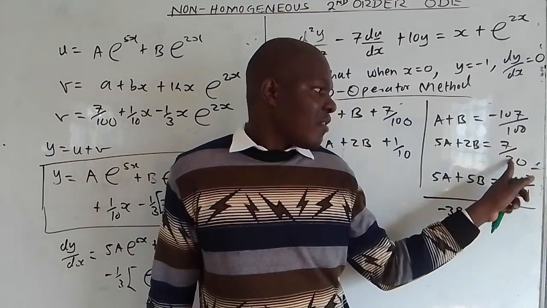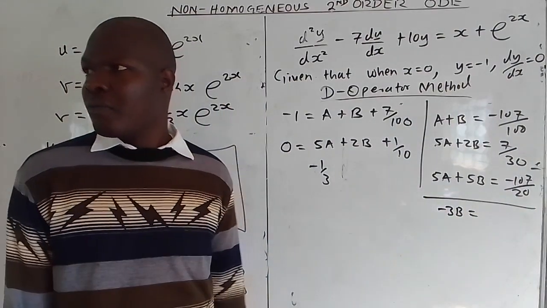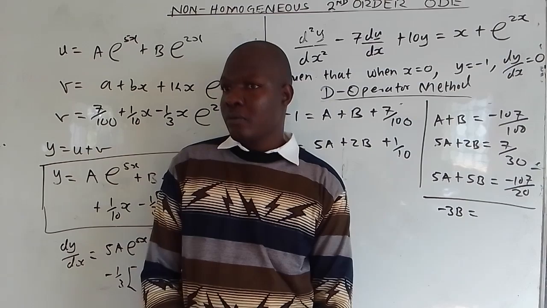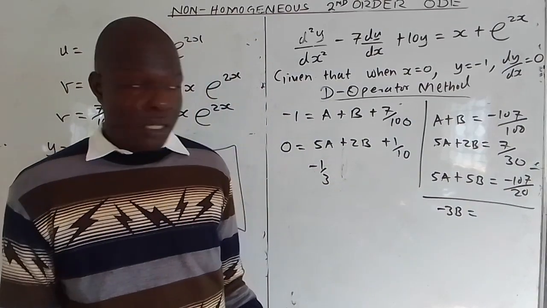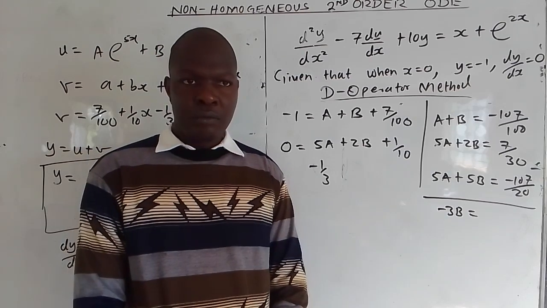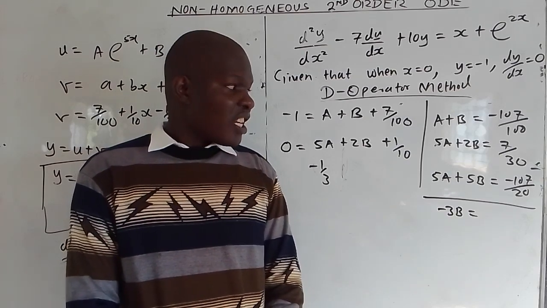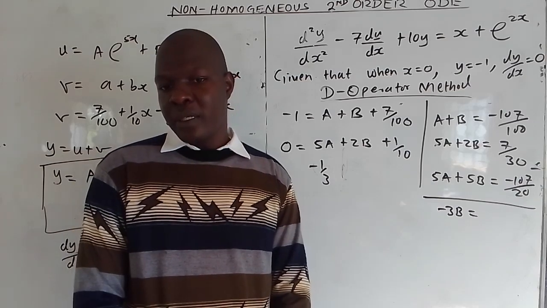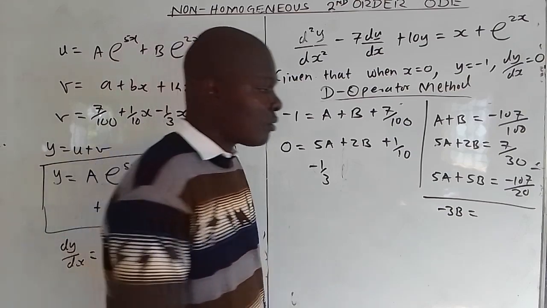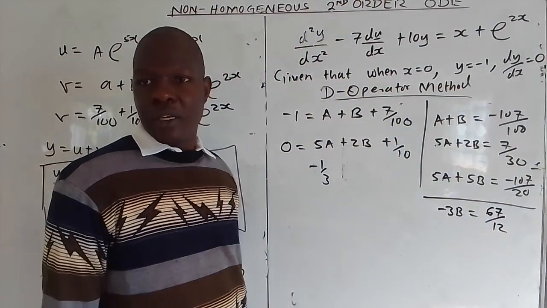So go again. 7 over 30 minus negative 107 over 20. That is positive, isn't it? 7 over 30 plus 107 over 20. What do you have? You have 67 over 12, isn't it?